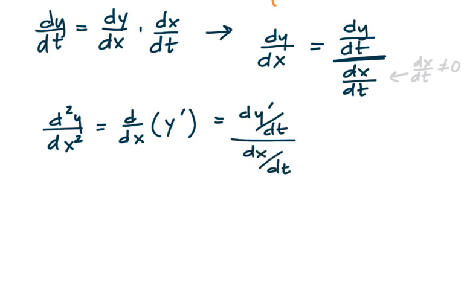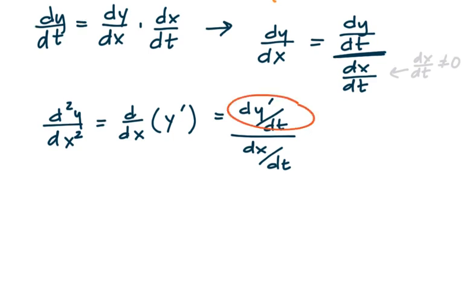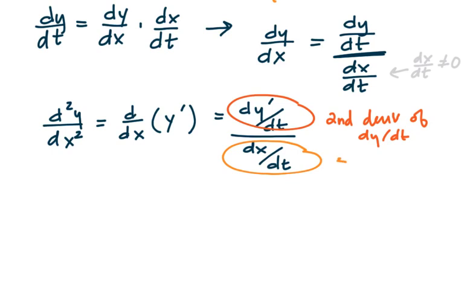And so basically this says the second derivative is going to be the derivative of dy/dt, divided by the first derivative of x, dx/dt. So that's how we'll find a second derivative.